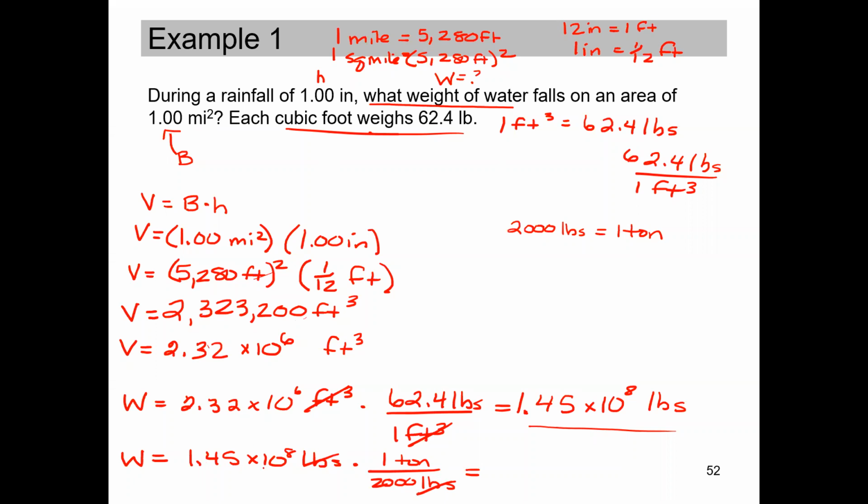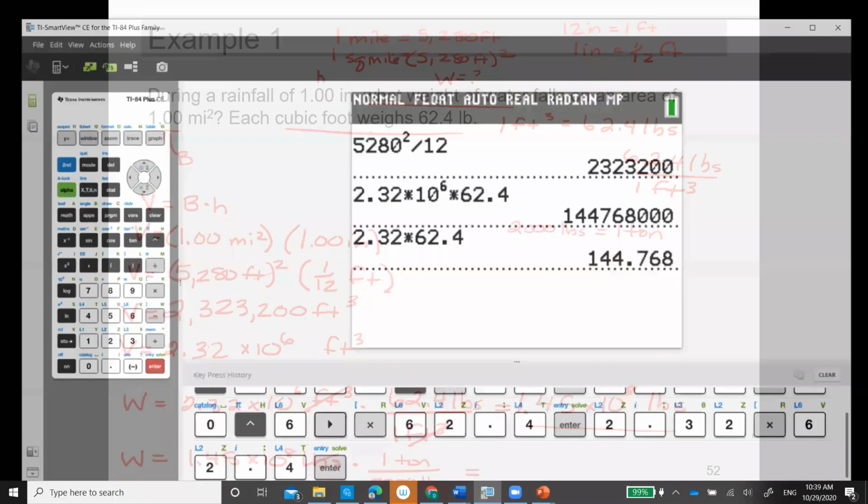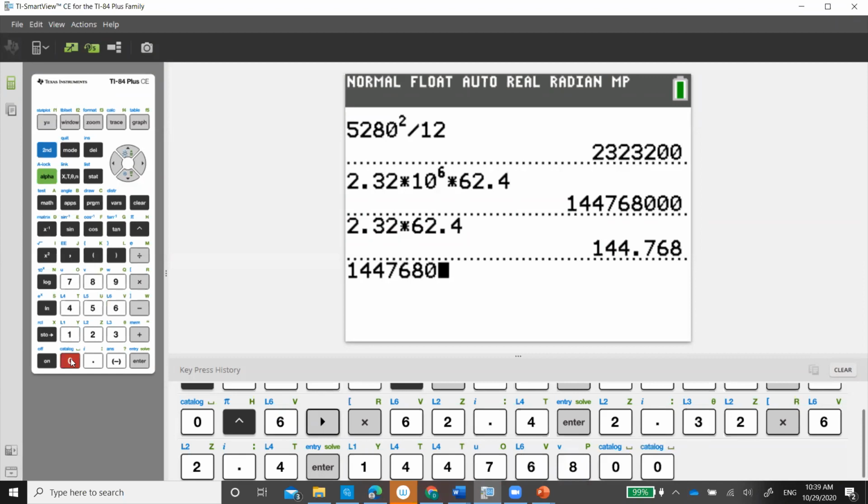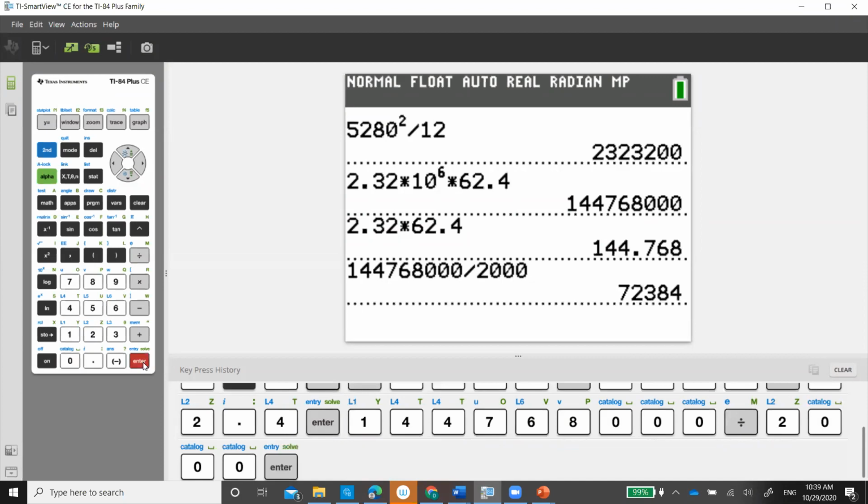Pounds will cancel, so I'm taking this number and dividing it by 2,000. Using my handy calculator here, so 1.45 times 10 to the 8th divided by 2,000. I get 72,000.